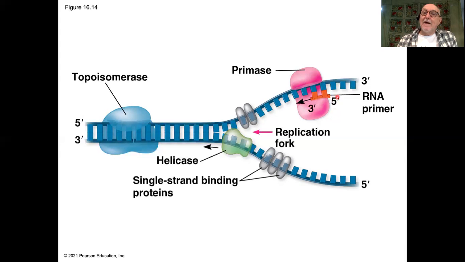Remember, this strand runs anti-parallel to this strand. So look here, we have the 3' end of the DNA that we're reproducing. So we have the 5' end of the RNA strand here. This is the 5' end of our primer. The only place we can add nucleotides is here at the 3' end.